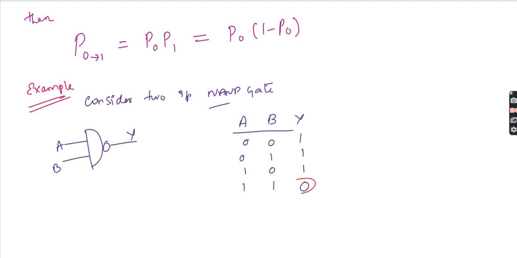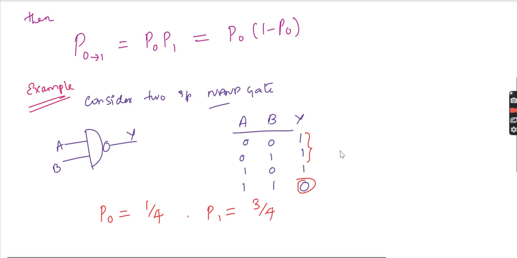Now you can see that I get the 0 output only once. What is the probability of occurrence of 0? That is P0. Out of 4 combinations, you get 0 only once, so P0 is 1 by 4. In the same way, the probability that the output is 1 is 3 by 4.